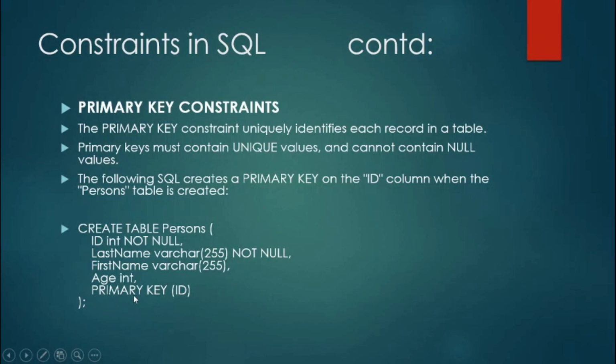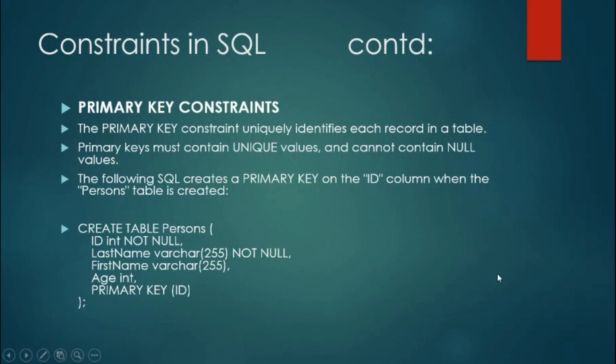You can see here, for this table, create table person, we have enforced the not null constraint, but we have made this ID the primary key. This is how you will declare a primary key constraint for a particular column in a table.